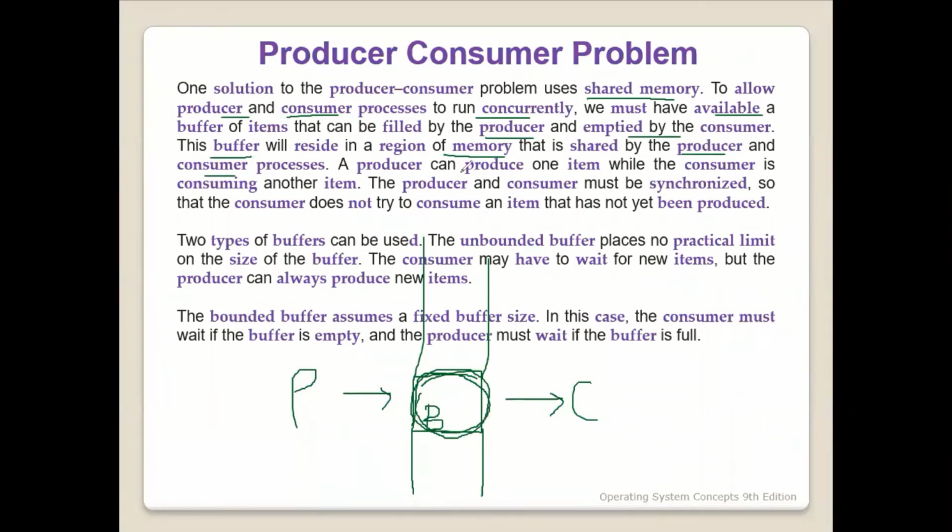Okay, this is the thing. The producer can produce one item while the consumer consumes another item. So maybe the producer is filling this part of the memory, and not necessarily is the consumer taking it. Maybe the consumer is taking this part of the memory. Can you get the idea? So the producer and consumer must be synchronized, so the consumer doesn't try to consume an item that has not yet been produced.